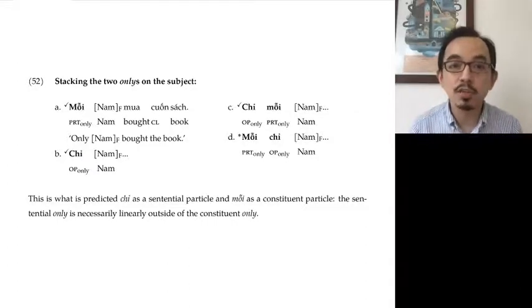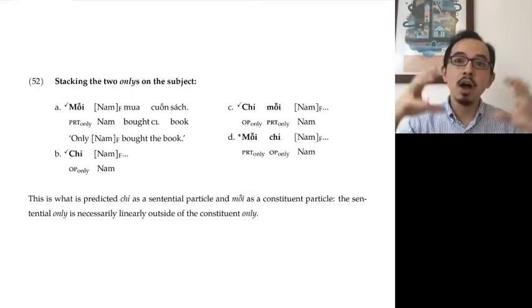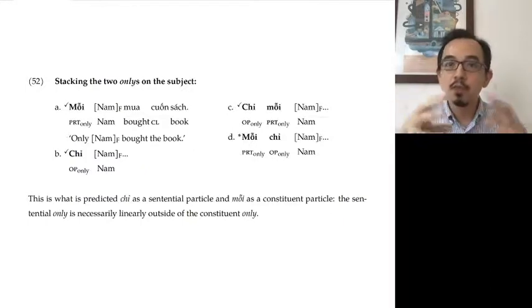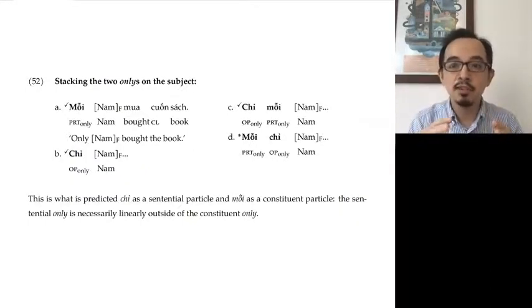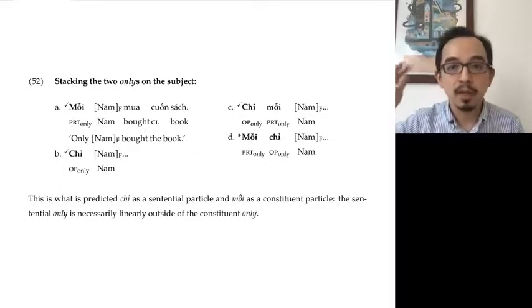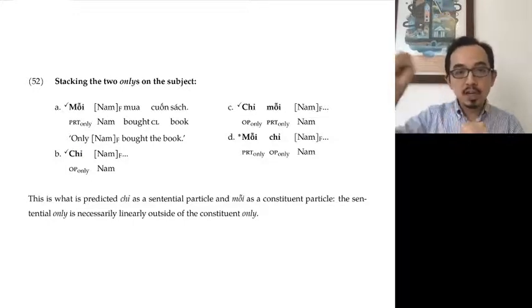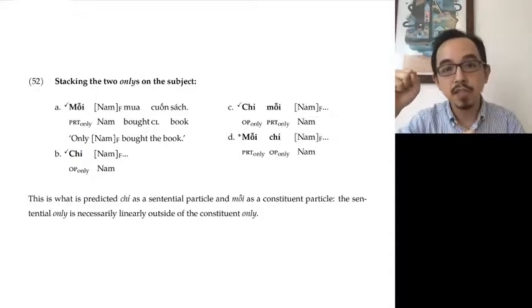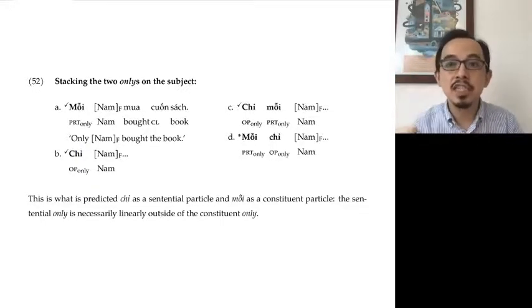Well, this is quite straightforward again from the view that mới is a constituent focus particle. It has to glom onto the focused phrase or focus-containing phrase, which is subsentential. Mới generally does not sit on the clausal spine. Chỉ is always on the clausal spine, and therefore the linear order that we observe has to be chỉ mới Nam, as in 52c. It can't be mới chỉ Nam. That's just not something that we can build.